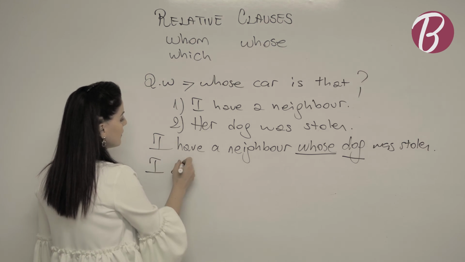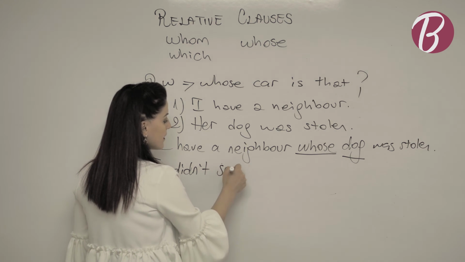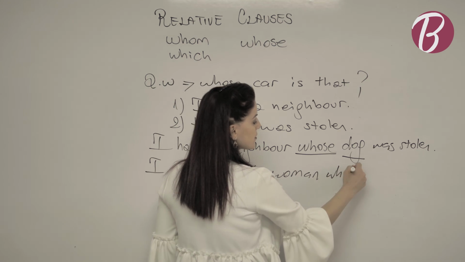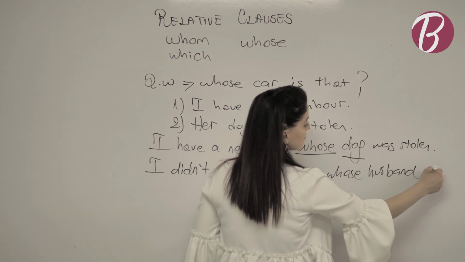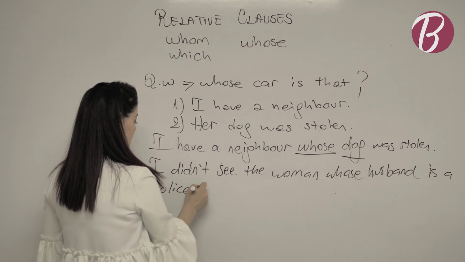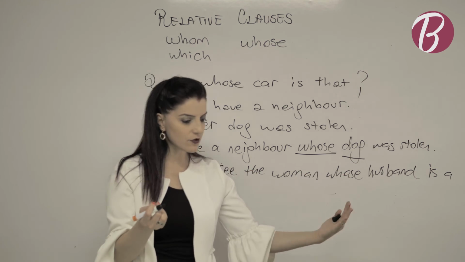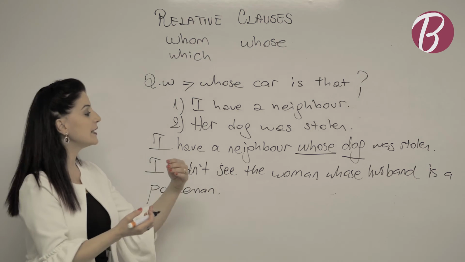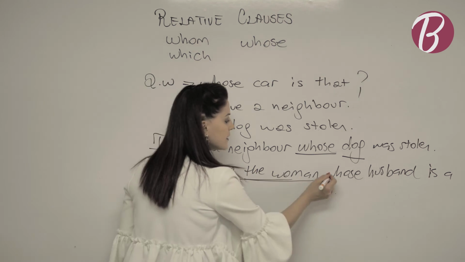Let's see one more example. I didn't see the woman whose husband is a policeman. For example, you have a friend, maybe a neighbor again, a next door woman, and you say, I didn't see her, I didn't see the woman.